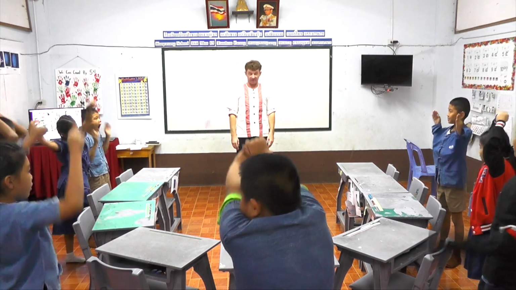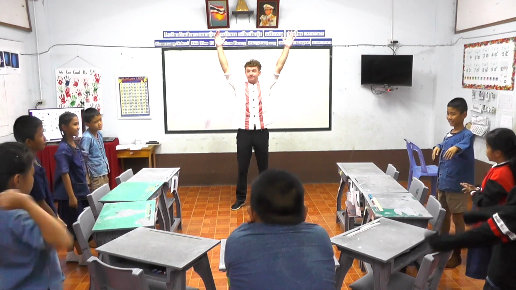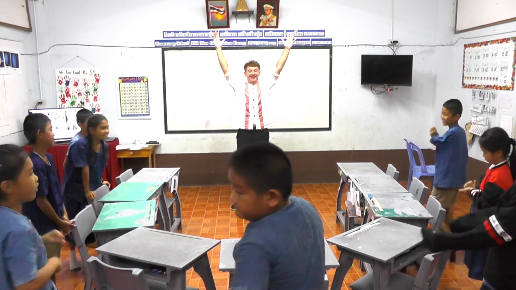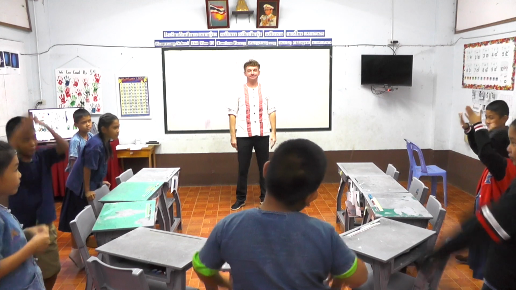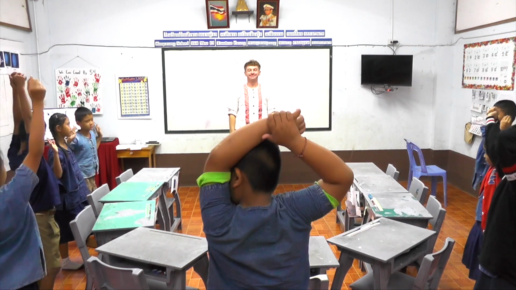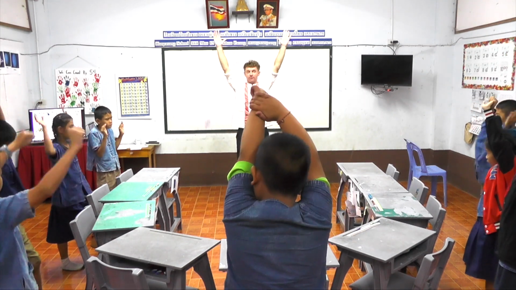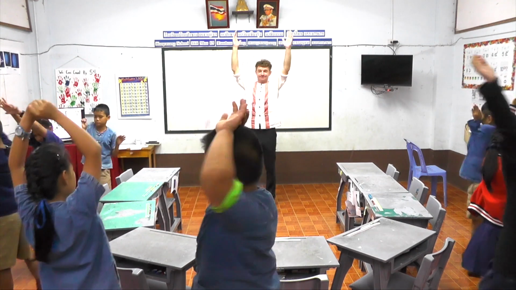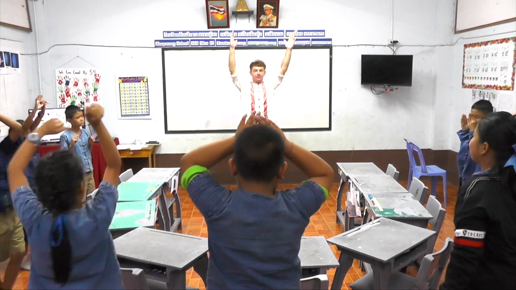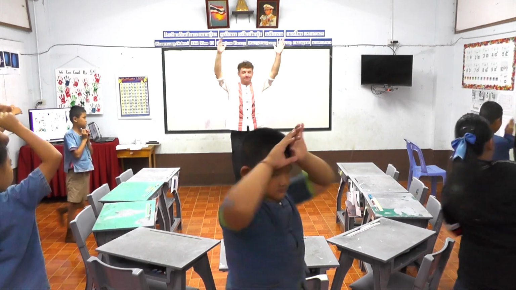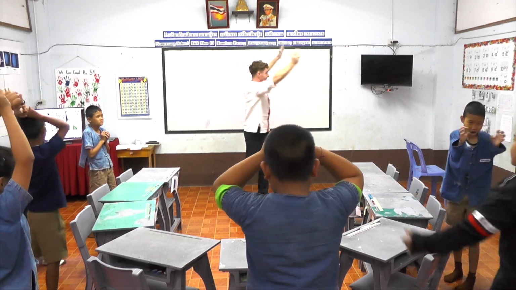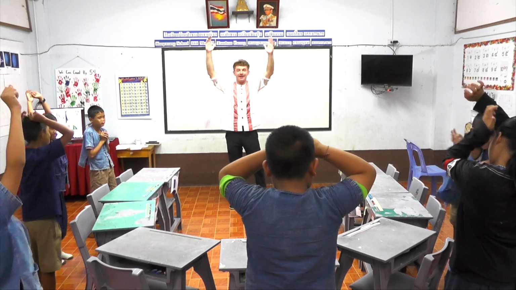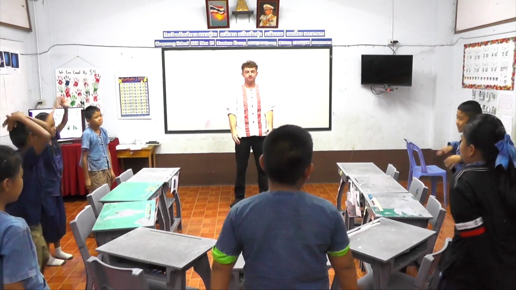Teacher says, arms down. Arms up. Arms down. Teacher says, arms up. Teacher says, turn around. Teacher says, turn back the other way. And then back the other way. Excellent, guys. Teacher says, arms down.